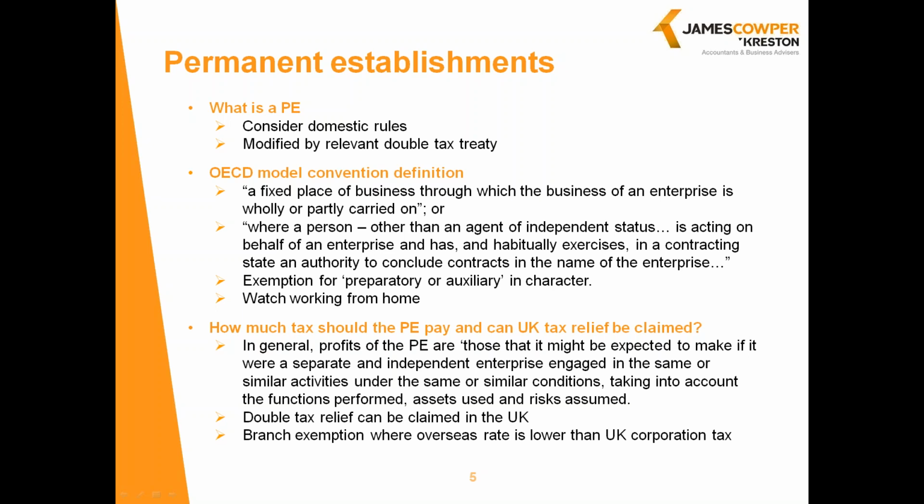So the key aspects of this are that a person, which potentially includes an overseas subsidiary as well as employees, is operating in another territory, and to the extent they're able to conclude contracts in the name of the UK company, this is likely to give rise to an agency PE.